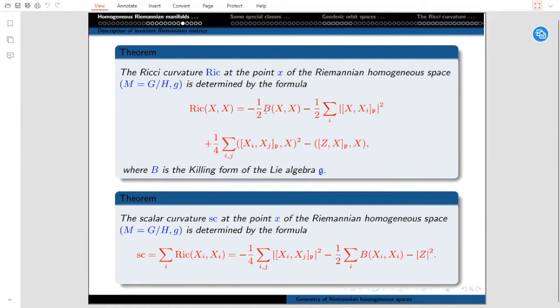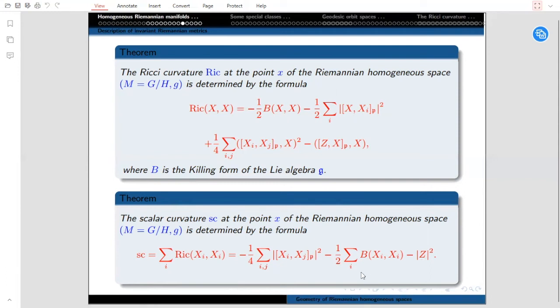Here we use B, the Killing form of the Lie algebra G, and all the others defined above. And the average of Ricci curvature over all directions is the scalar curvature. It also has a very simple formula for computation. This one.